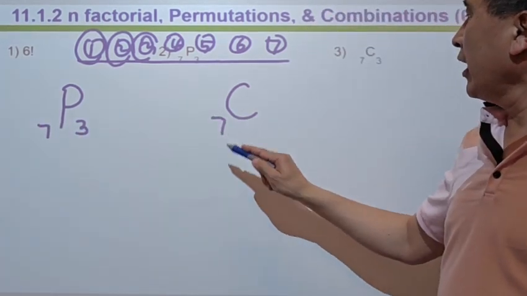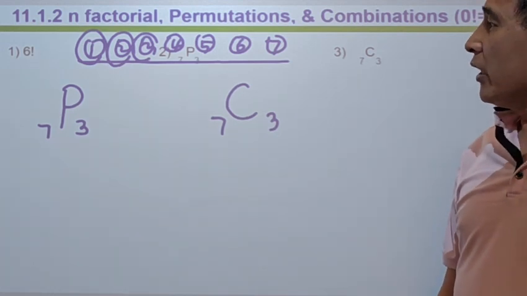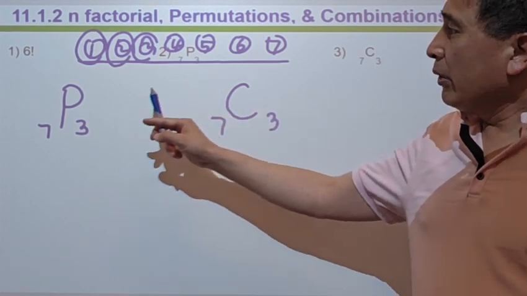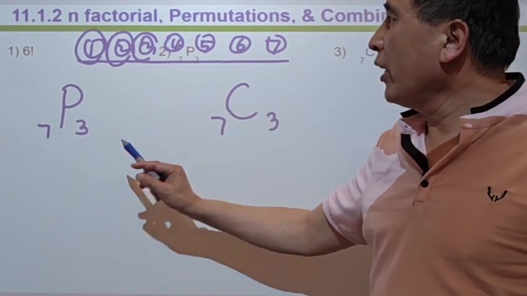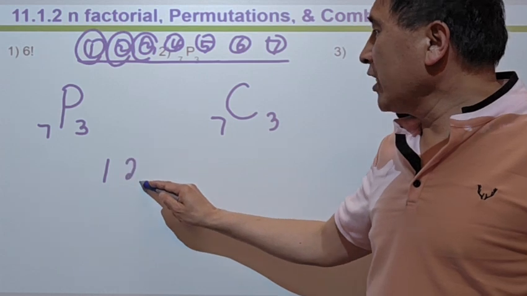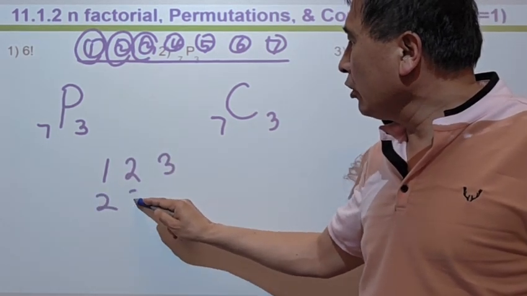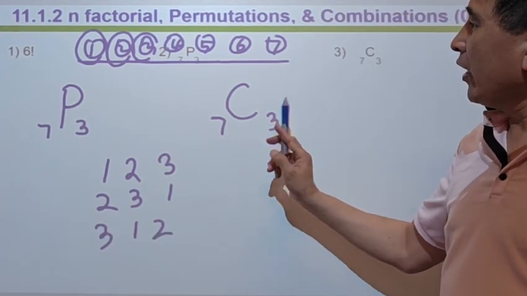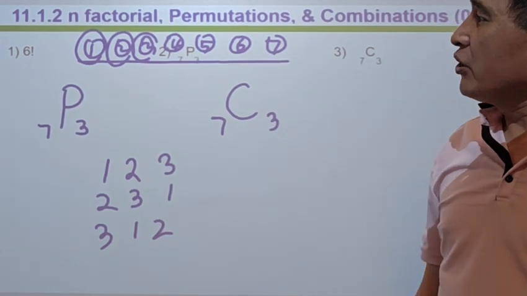Combination is the same thing, select 3 out of 7, combination 7, 3. But in combination the order doesn't matter, while in permutation order matters. So 1, 2, 3, and 2, 3, 1, and maybe 3, 1, 2 are all the same in combination, but all different for permutation.